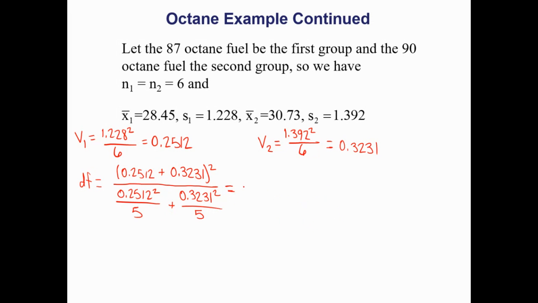So degrees of freedom are 9. It's really like 9.8, which goes down to 9. So this one is small enough that it's in our table. We need a 95% confidence interval. So we can look for 0.95 confidence, 9 degrees of freedom, and what do we get for our critical value?